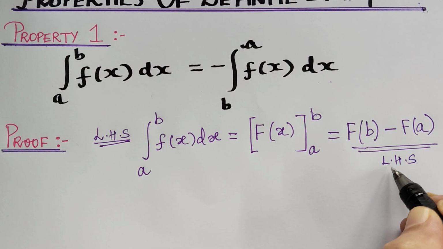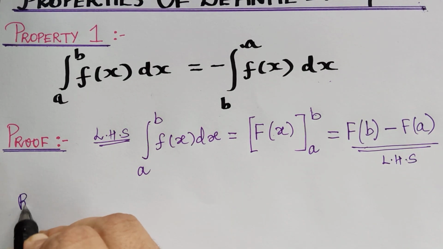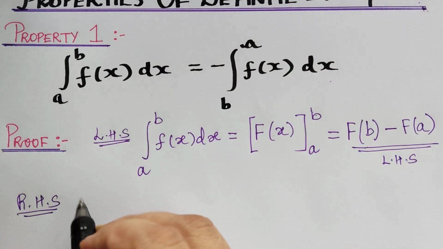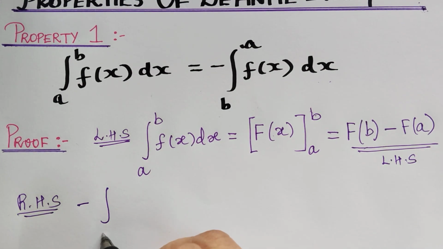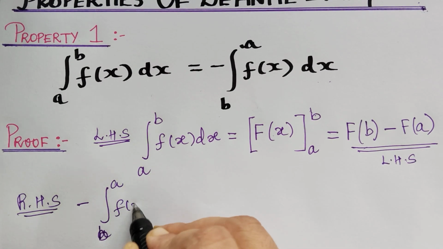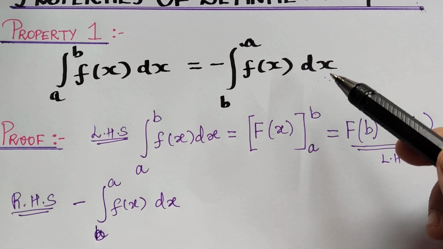Now we have to prove that the right hand side is also the same, for which we will consider the right hand side that we have in this property. So what is the right hand side? Minus integral b to a f of x dx is the right hand side given in the property.